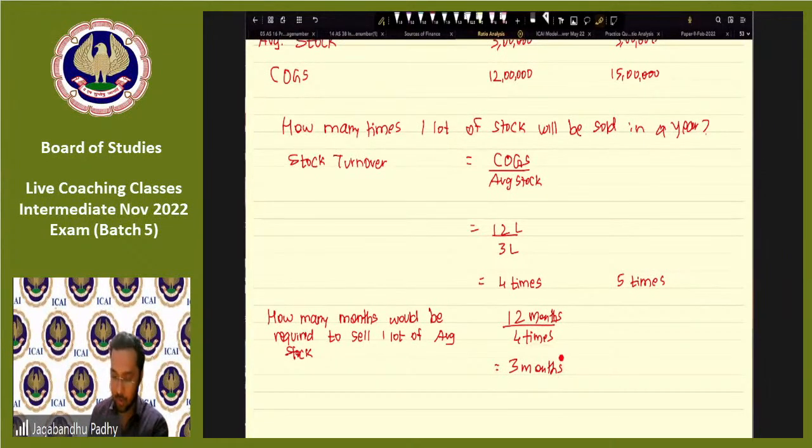Now tell me, what about this 3 months number? Would you like to have this number of 3 months as higher the better or lower the better? Would you like to take 3 months to sell 1 unit of stock?